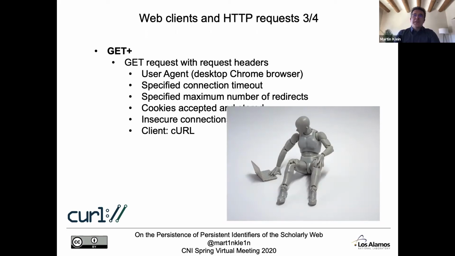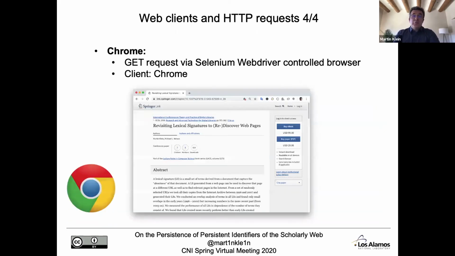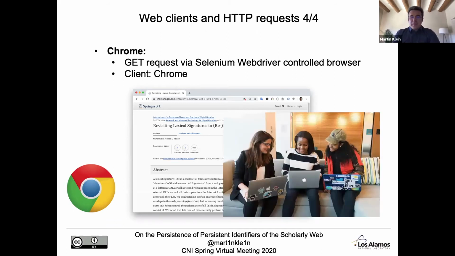And last but not least, our fourth method is using the popular web browser Chrome, and we can use that browser at scale by remote controlling it with a Selenium WebDriver. And since this is a real full-fledged browser, this dereferencing of DOIs very closely resembles humans browsing the web, right?